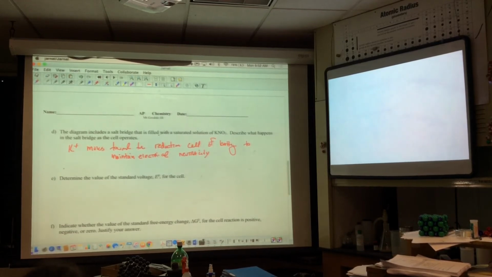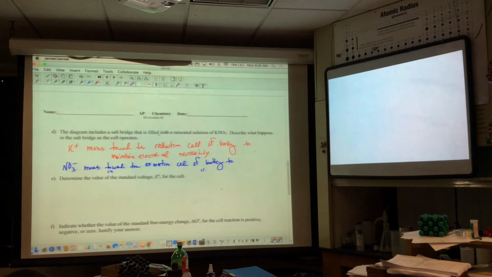What does the nitrate ion do? Moves toward the oxidation cell of the battery or voltaic cell to maintain electrical neutrality.